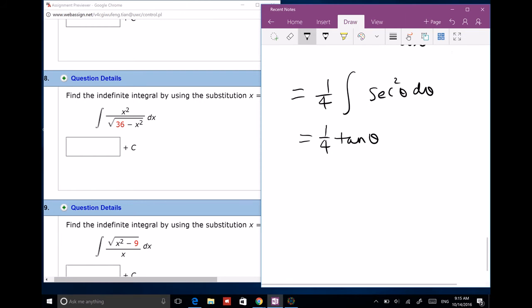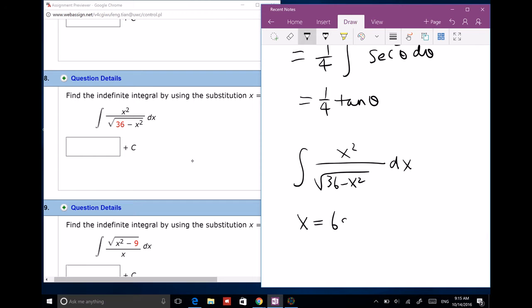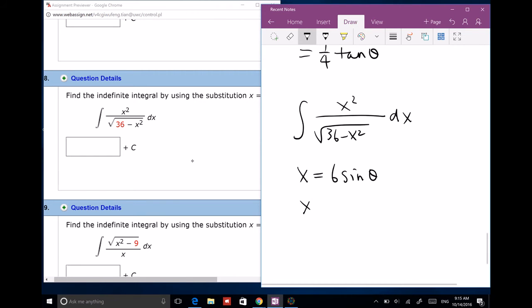Alright, so next one, the integral of x squared over the square root of 36 minus x squared dx. It tells you x equals 6 sine theta. What we need to do, we just plug everything back into here. dx equals 6 cosine theta d theta, right?